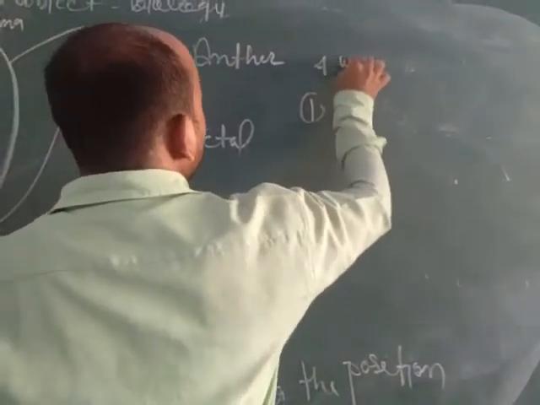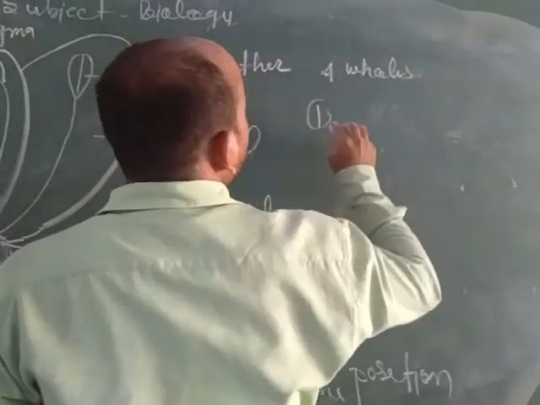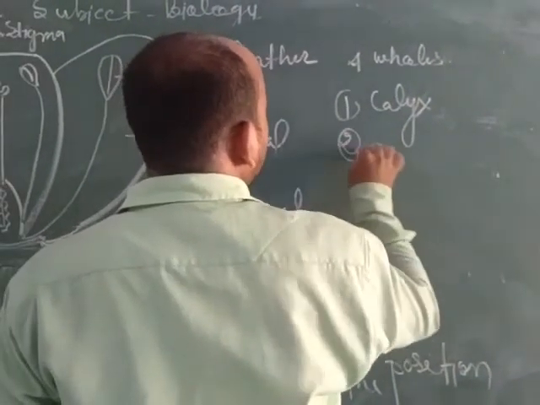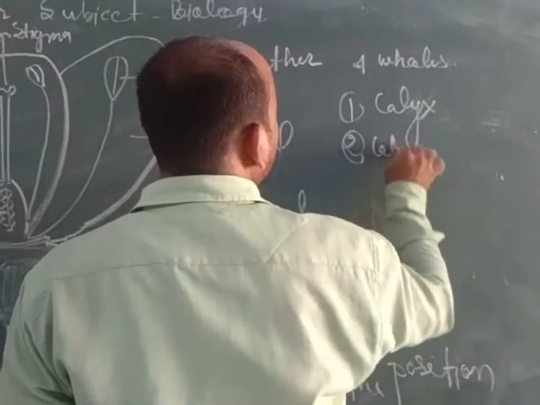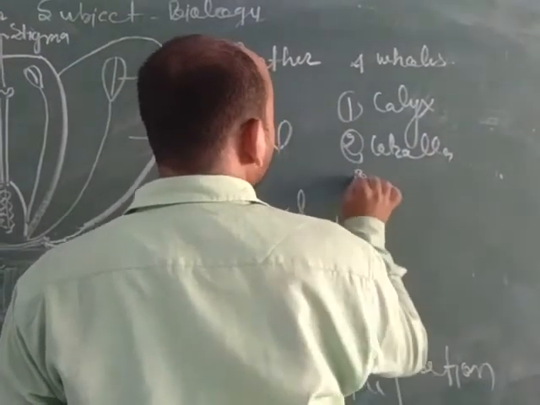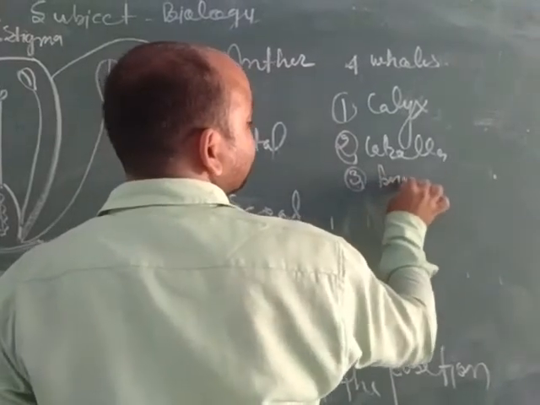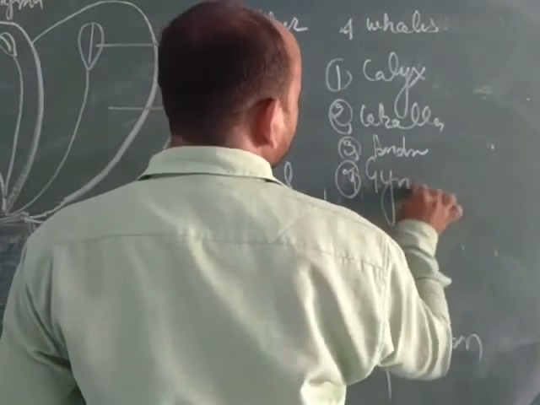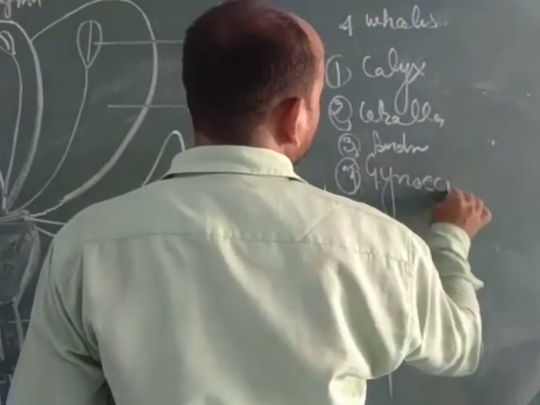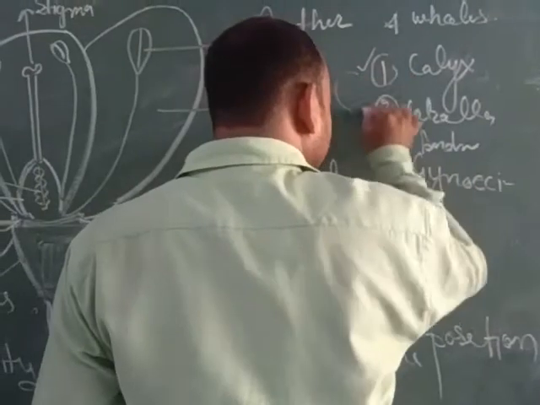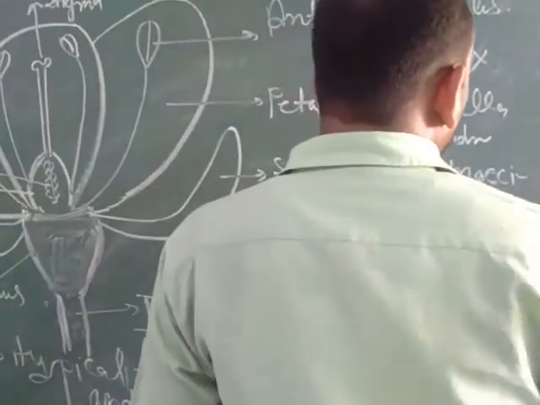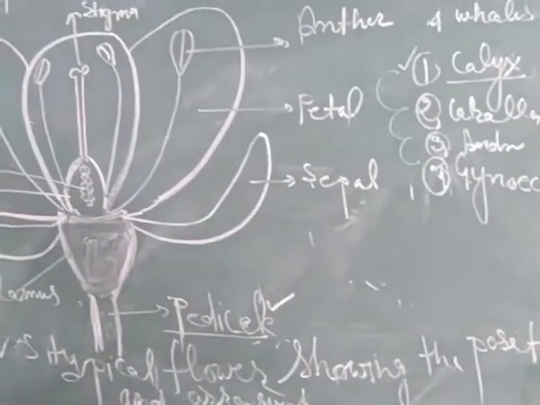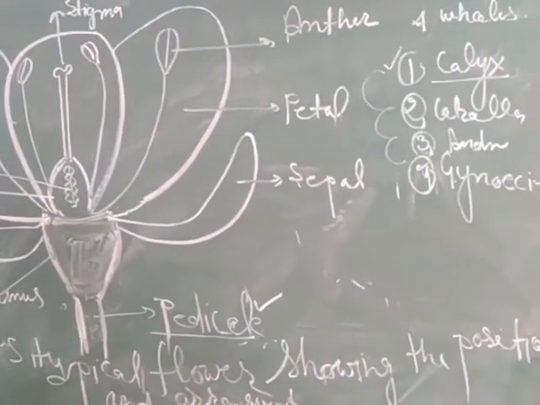Four whorls means four rings of the flower: calyx, corolla, androecium, and the fourth, gynoecium. These are arranged from outside to inside, one after the other. Calyx constitutes the outermost, lower whorl.